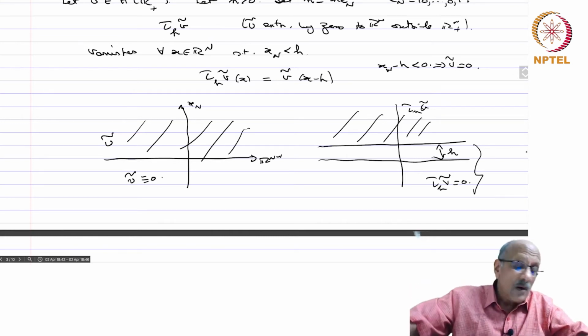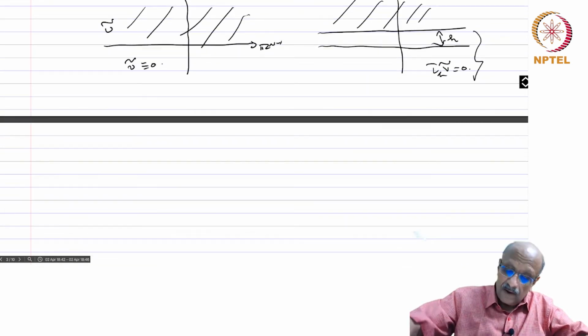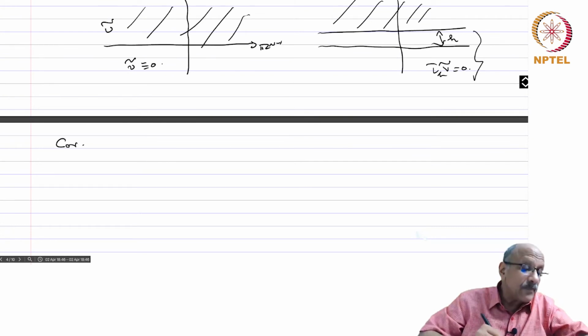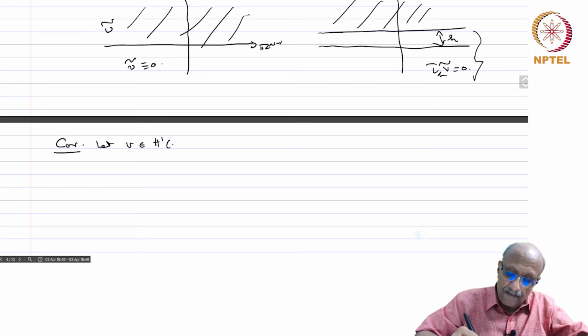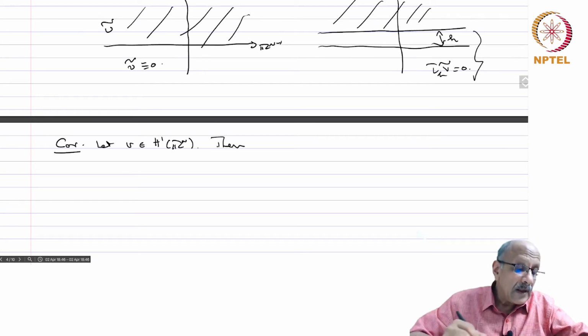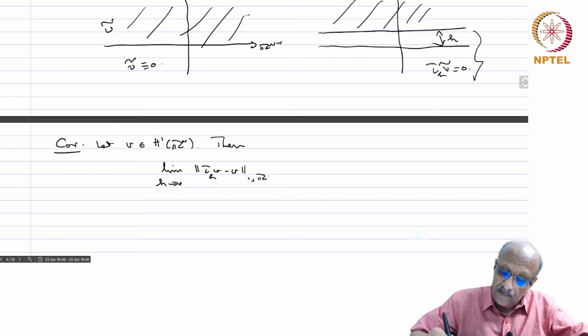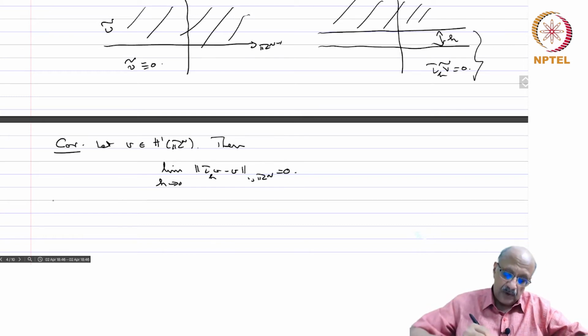Okay, so now another corollary. Let v belong to H1 of Rn, then the limit as h tending to 0 of the H1 norm of tau h v minus v on Rn equals 0.